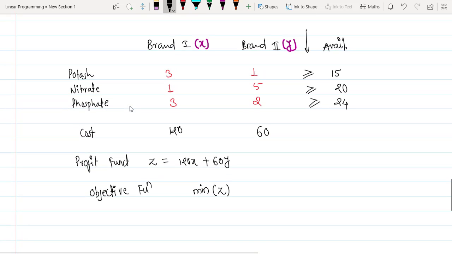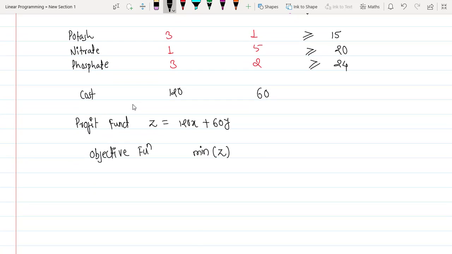What are the constraints you have? So I have the constraint as 3x plus y, the first constraint I am writing for potash, is greater than or equals to 15. The second constraint is x plus 5y is greater than or equals to 20. And the third constraint I am writing as 3x plus 2y, which is greater than or equals to 24.